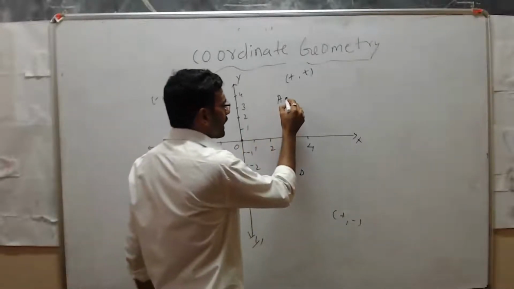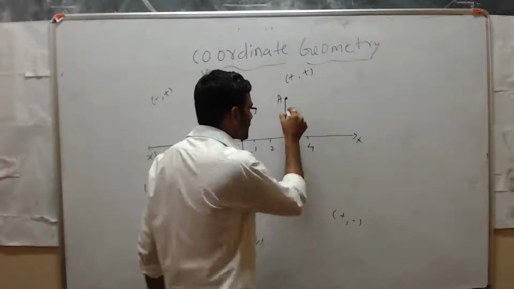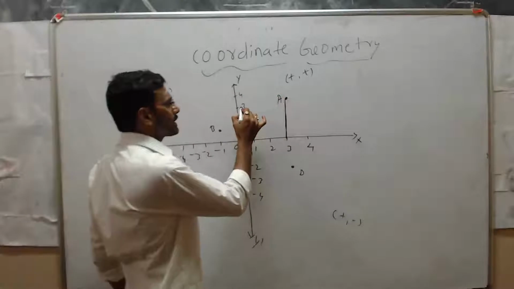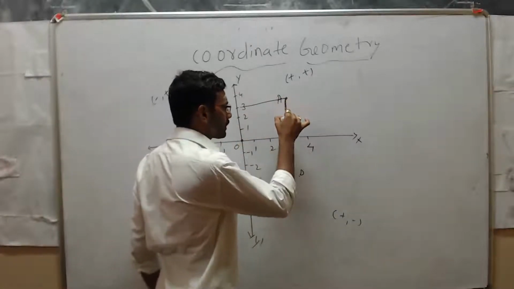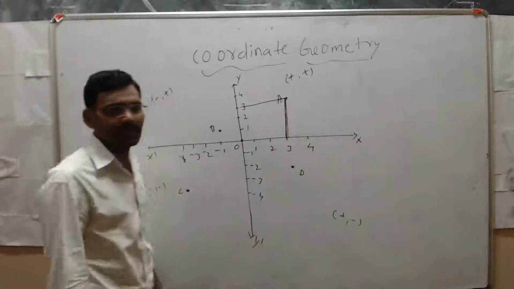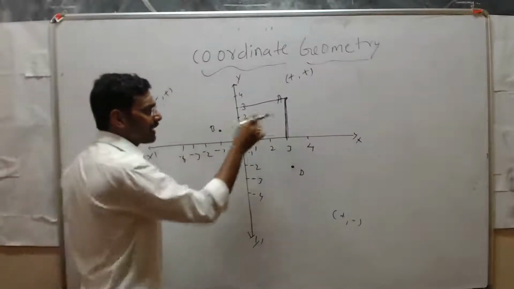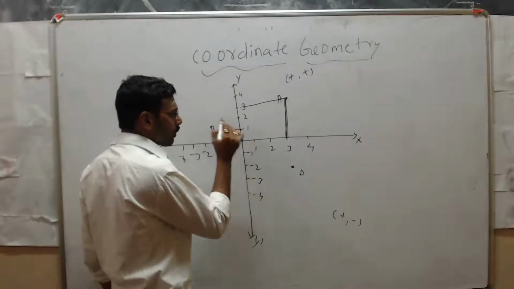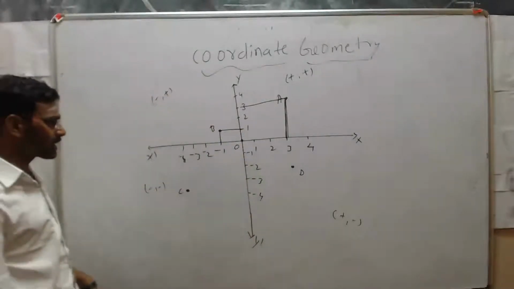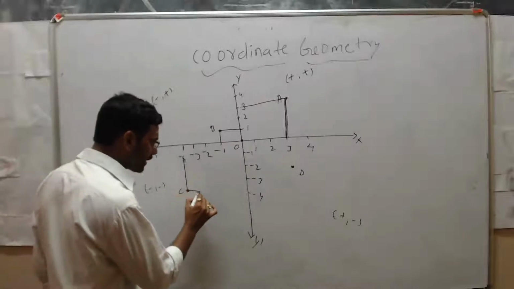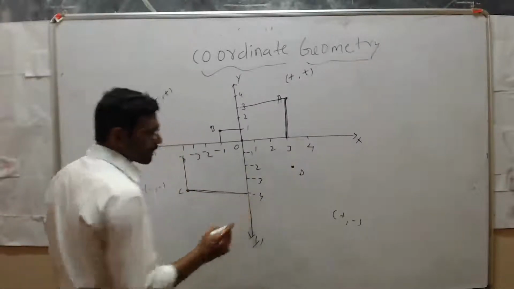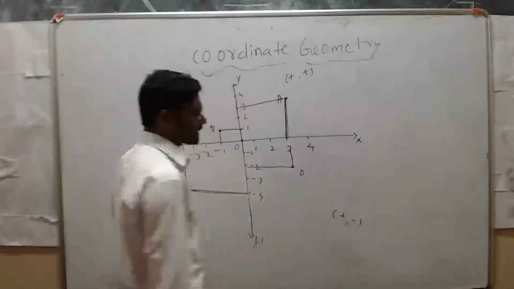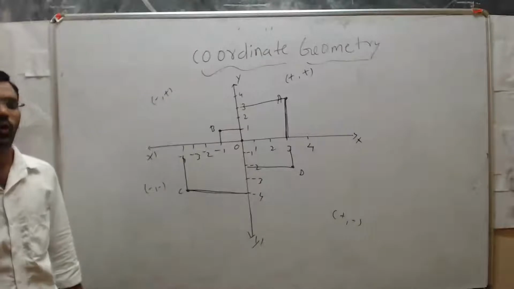According to the x-axis, this is the position of the point, and according to the y-axis, this is its position. Again, the position of B according to the x-axis and y-axis, the position of C, and the position of D.